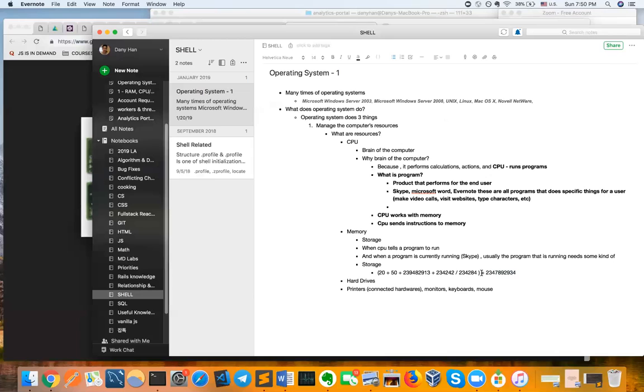So I save it to the memory, and then I move on to line 2 of the program, and let's say that line is what makes the video call if the program is Skype, and it needs that 50 value back, because maybe you're inviting 50 people to the chat room. And so the program goes, oh, I need that 50 value again from the memory, and it gets it again, right? So memory is a very, very important storage that goes hand in hand with a program.